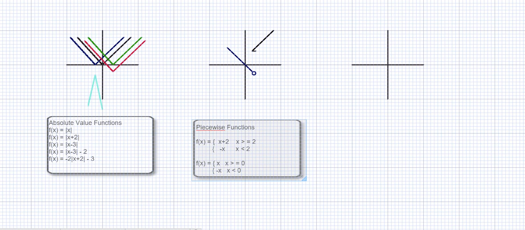It's going to be a linear equation, y equals x, for values of x that are greater than or equal to 0, and that goes on forever. And it's going to be a value of minus x whenever x is less than 0, and that's going to go off like that. And that looks exactly like our absolute value function. I just wanted to show that to you because that might come up in a quiz or a project that you may have to do.